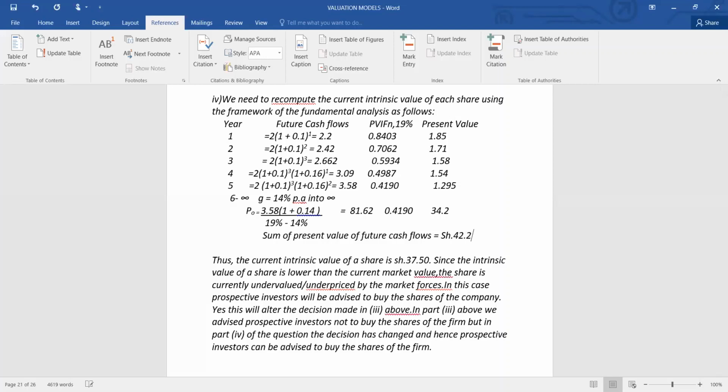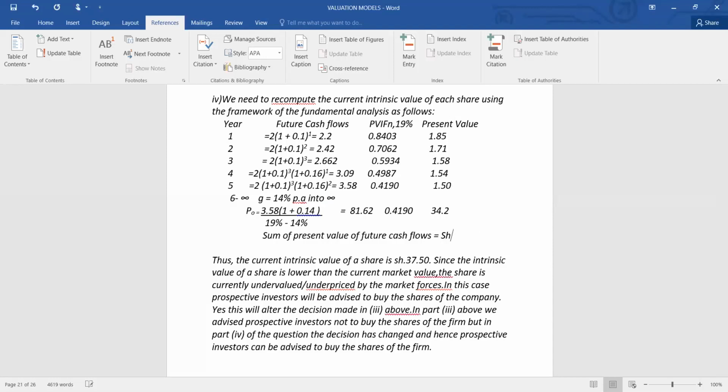Excuse me, teacher. Yes. On year 5, the present value will also change. 1.5 times 0.4190, 1.5, eh? Yes. Ideally that should change also because the figure changed.